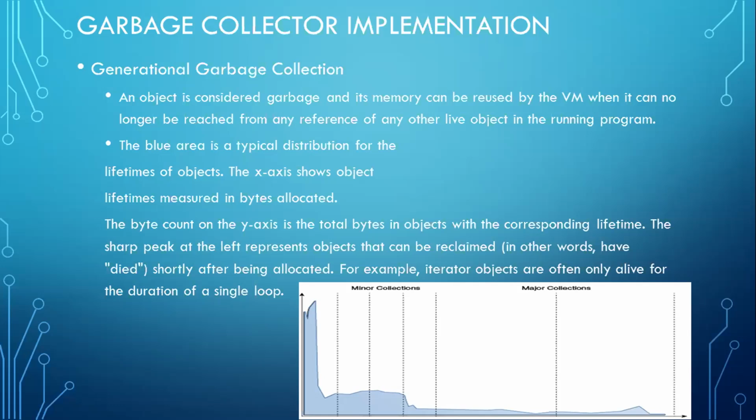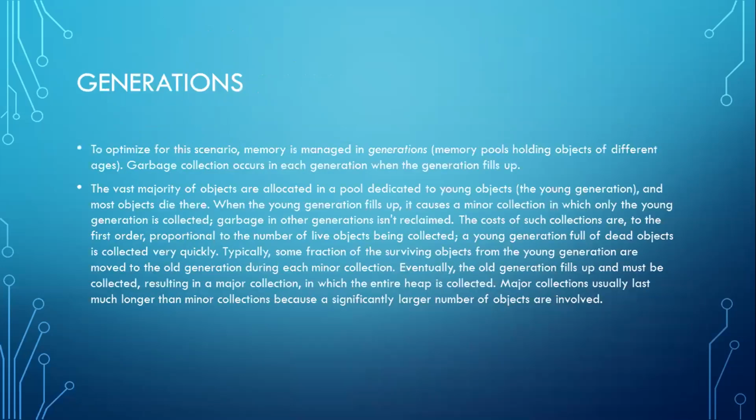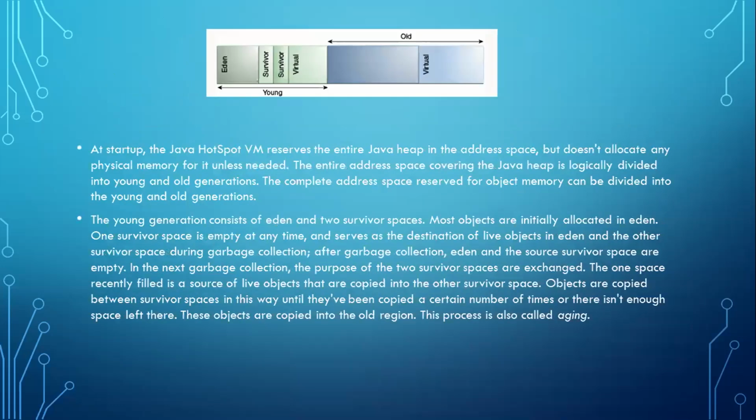Okay. Young generation is an area where we allocate the objects which are newly created. If you look at this particular picture, the entire heap is divided into two areas, young and old.